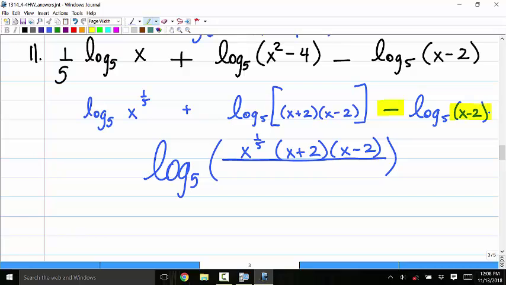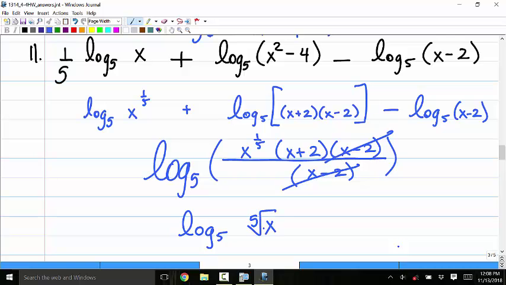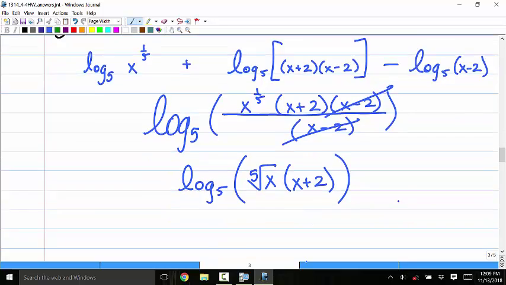The x minus 2 goes down, right? Do you now see why I wrote that and factored it? Those cancel. So I'm left with log base 5. I think they want you to write it x, the 5th root of x, times x plus 2. You have to look. I think that's what they want. I know. The joys of the software program.